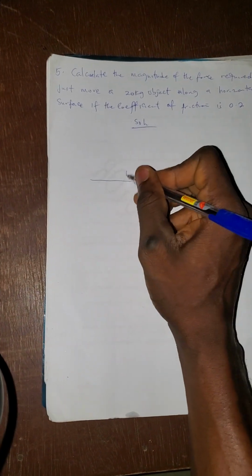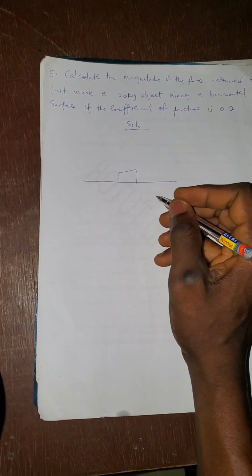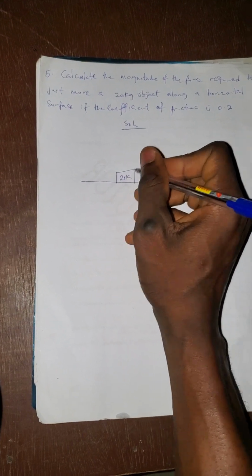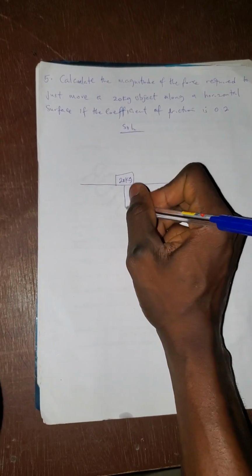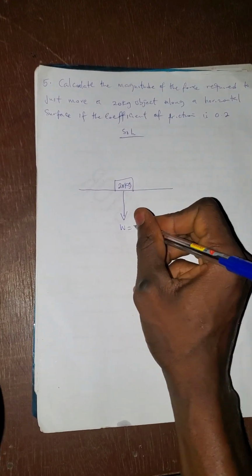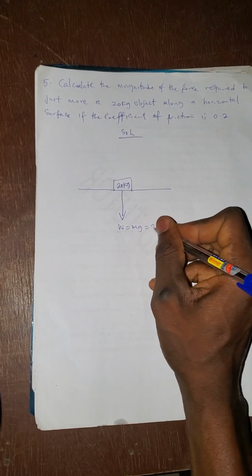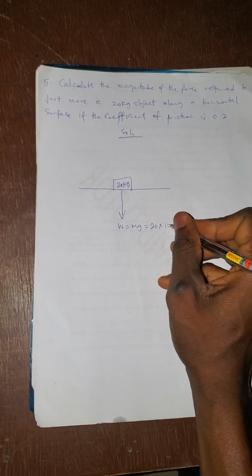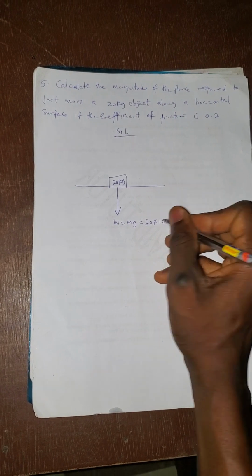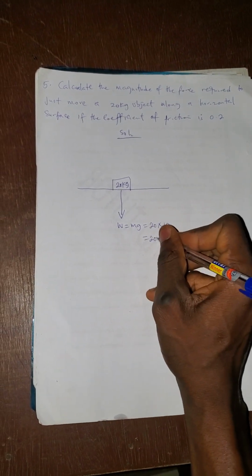Solution. Since it is along the horizontal, we have the mass here. The mass is 20 kg. Don't forget, we have the weight directed like this, and our weight is equal to mg, which will be 20 times 10, since we are not given g, and that will be 200 Newton.